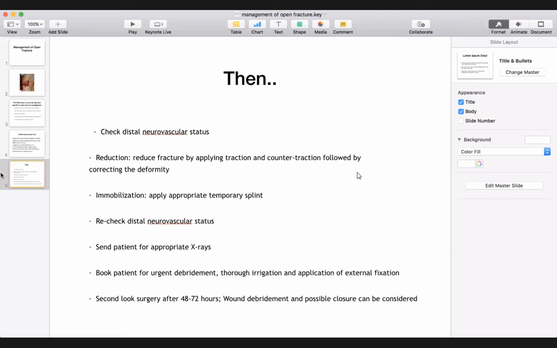And then we go back to the etiologies of pain in any joint or complaint of any joint. And then you ask yourself, is this due to trauma? Is this due to infection?